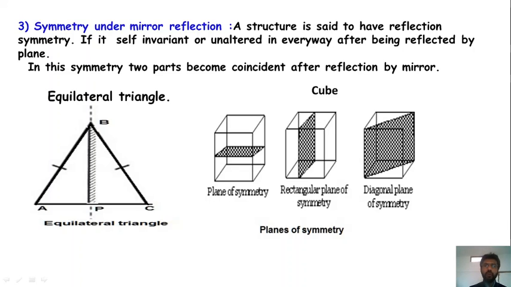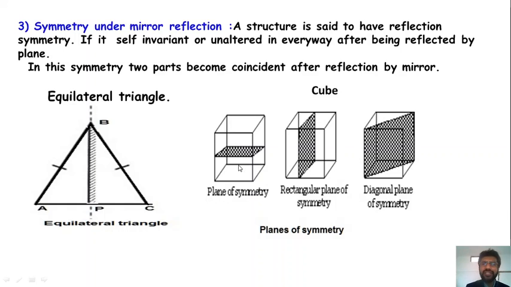Now we can observe such a type of mirror reflection symmetry in the case of the cube also. Suppose this is the cube here. If we insert the mirror along this direction, it gets divided into two equal parts.